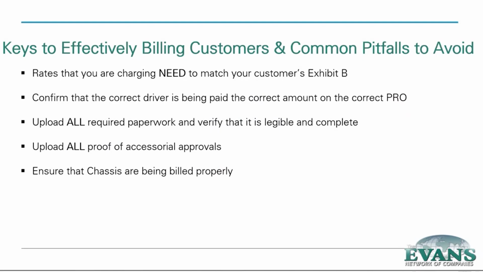Rates that you are charging need to match your customer's Exhibit B. Whatever that Exhibit B shows, whether you have an Exhibit B or a rate con, always, always, always, even if they don't require the rate con to be uploaded, I would upload it anyway, because I have proof right there in front of them that this is what they told me I was going to be paid for this load.